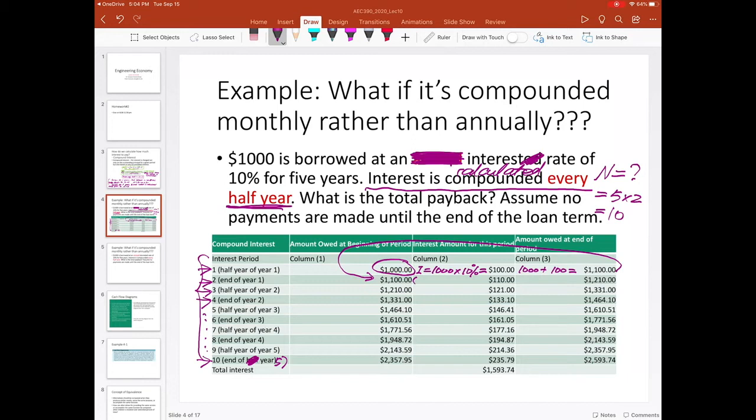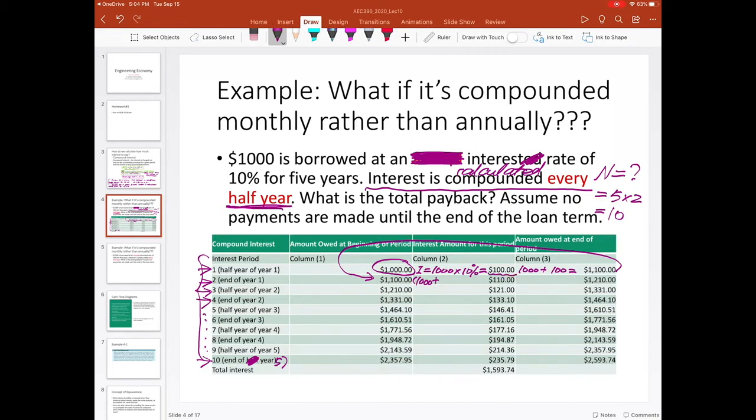Remember that, because this is compound interest. So the new base will be the initial amount you borrow plus the interest in the previous periods.